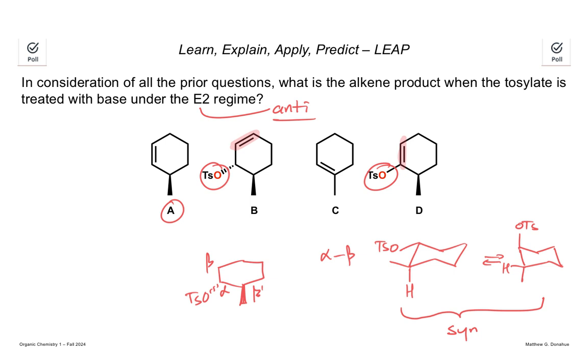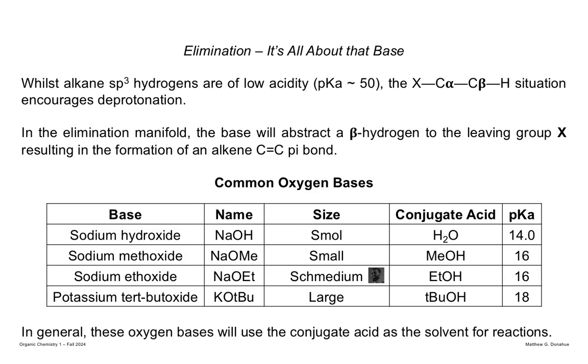So now we're going to look at the bases, how the size of the base affects which product you get, and then we'll start E1. So we had said that typically for a hydrogen bonded to an sp3 hybridized carbon, they have pretty low acidity of 50, but we can get away with using bases that are much weaker to abstract them.